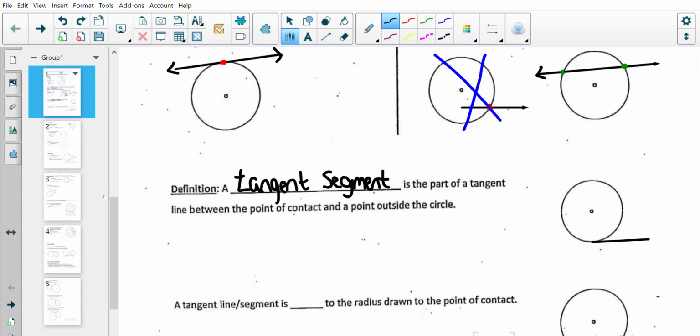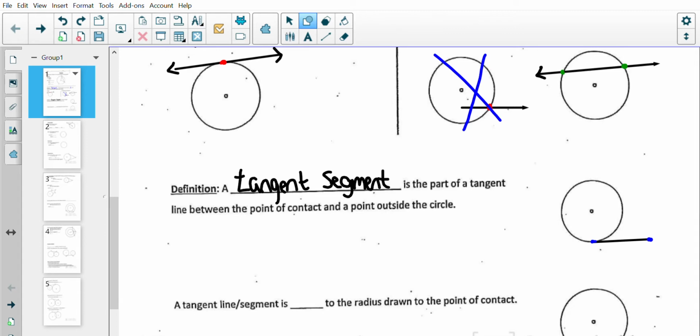Now, a tangent segment is part of a tangent line. So if I were to extend this line, I have to make sure that it's not going to touch the circle again, other than at that one point. So if I extend this segment in the other direction, it still will not touch the circle more than once.